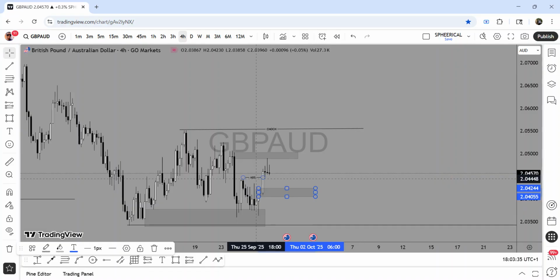So if you can see, the market has already reacted to this supply zone, but I doubt if this supply zone will push this market down here because there's a demand zone here that will push this market up here. So what am I expecting?